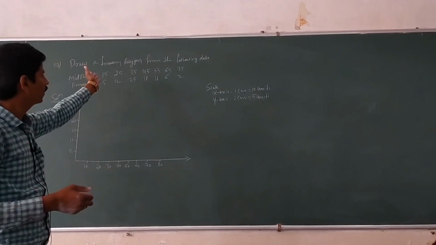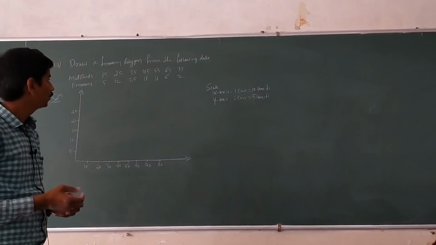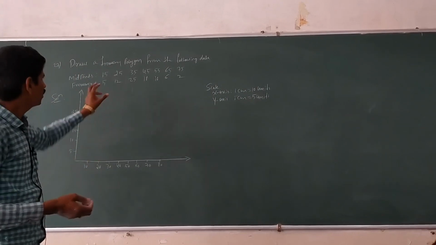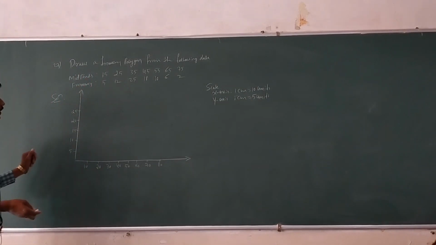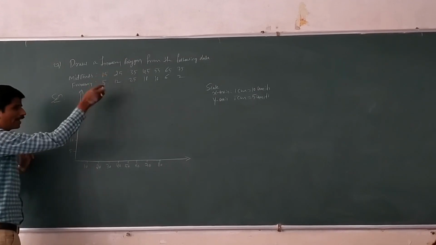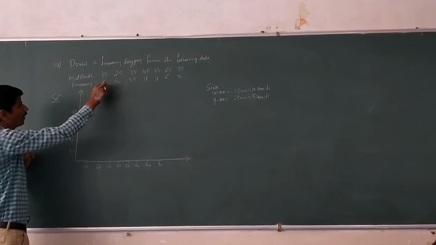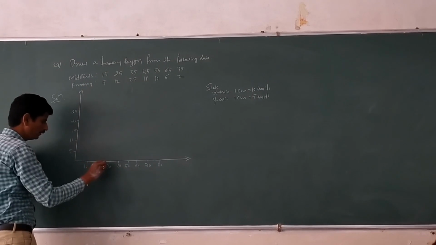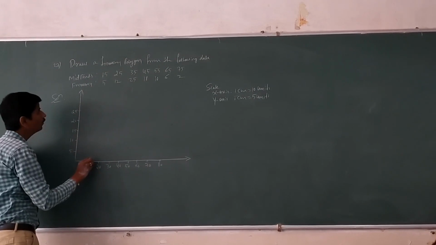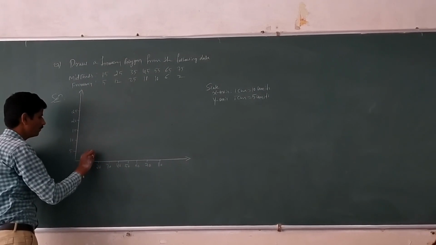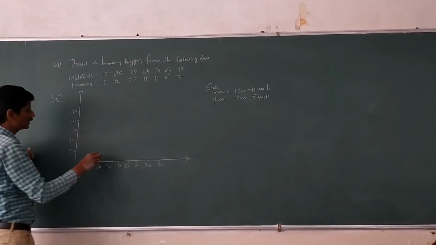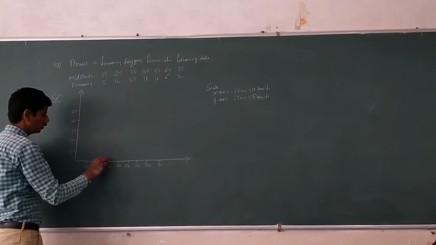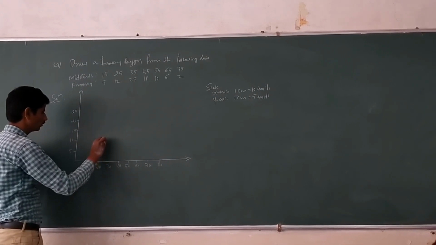Here the classes are equal, so the class frequencies are plotted against the class values. Here the mid value is 15. 15 is 5. Next you have to mark the point. Next, 25 is 12.